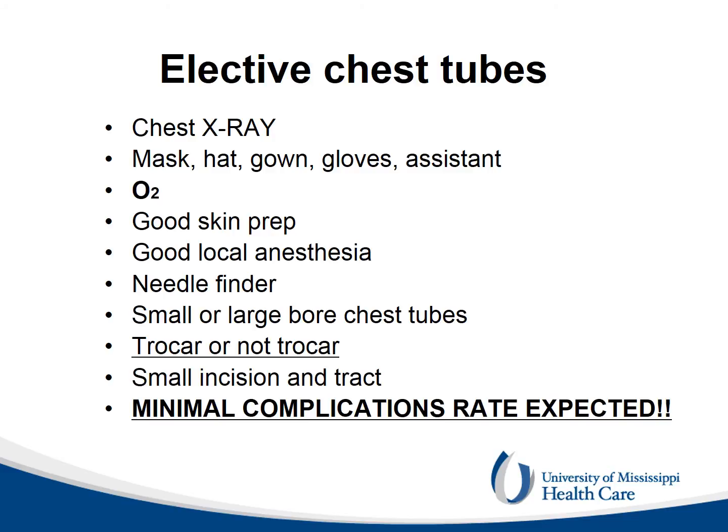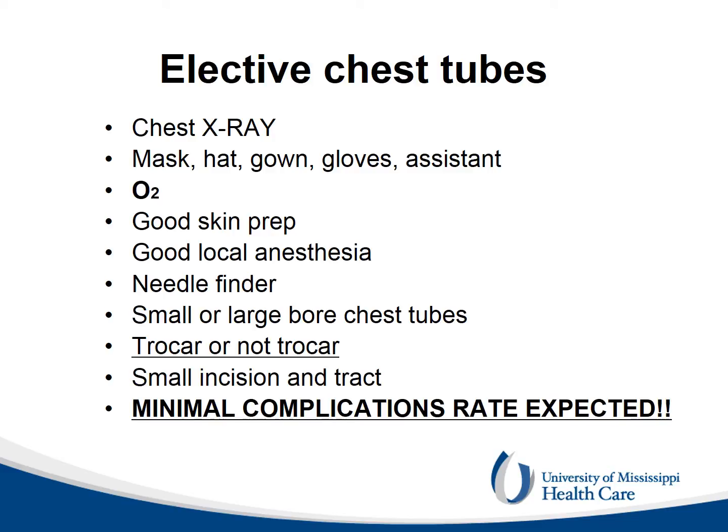Elective chest tubes need a good quality chest X-ray, strict sterile technique including a mask, hat, gown, gloves, a good skin preparation and sterile drapes, an assistant for help, oxygen for the patient, and also a good local anesthesia.